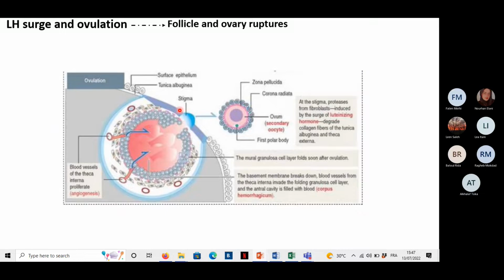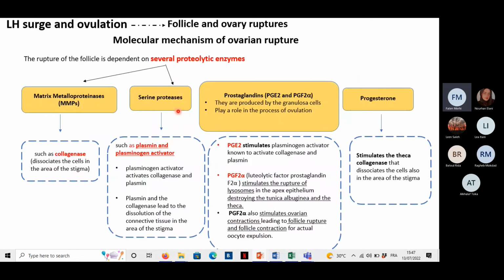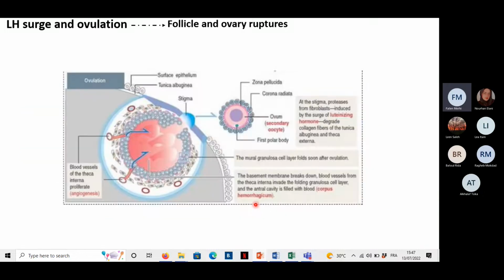So once they are ruptured due to the action of the PGF2 alpha, they will release their enzymes in the epithelial cells, and this will lead to the destruction of the apex epithelium or the epithelial cortex, and to the destruction of the tunica albuginea in the region adjacent to the stigma, and also to the theca. Okay.